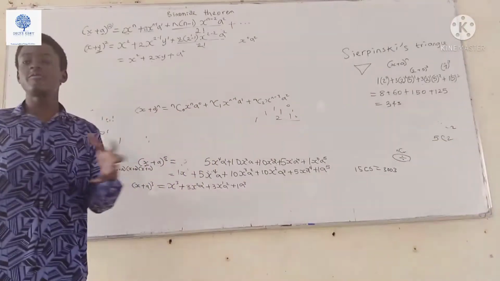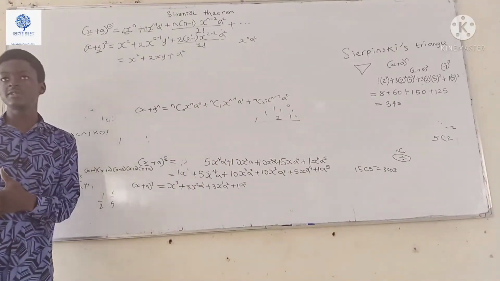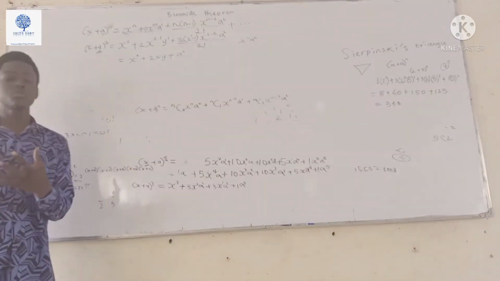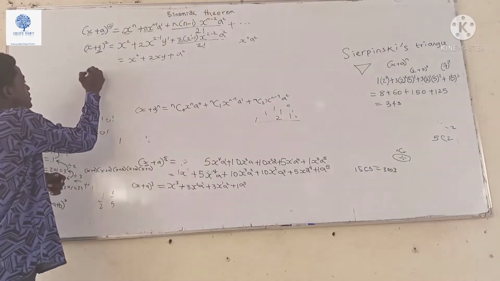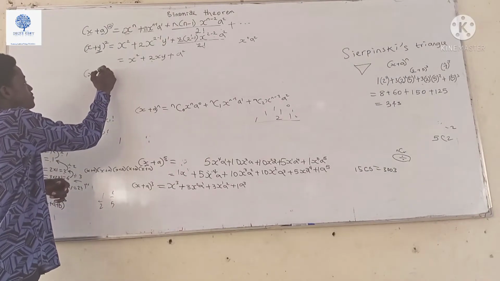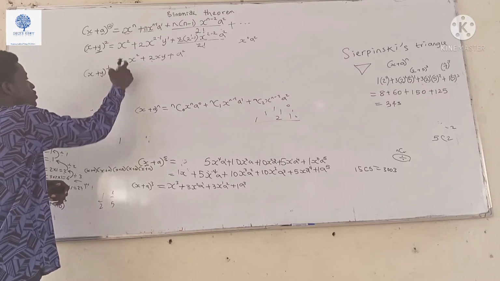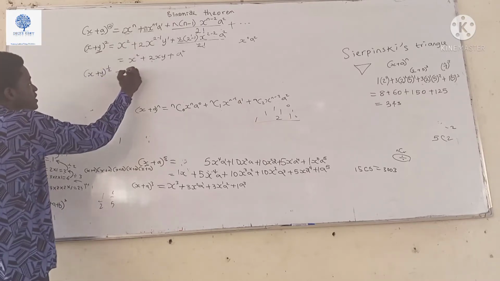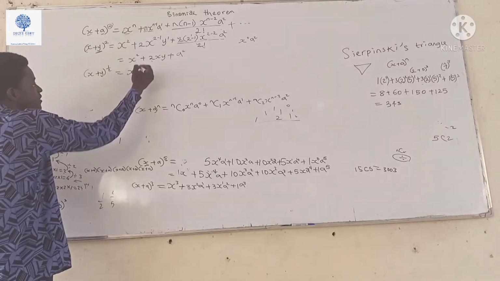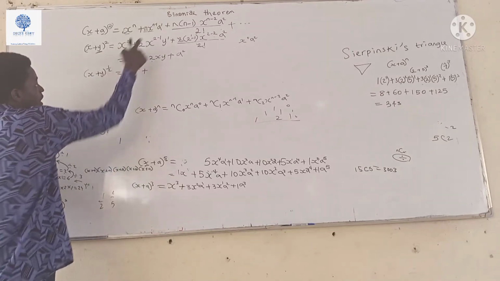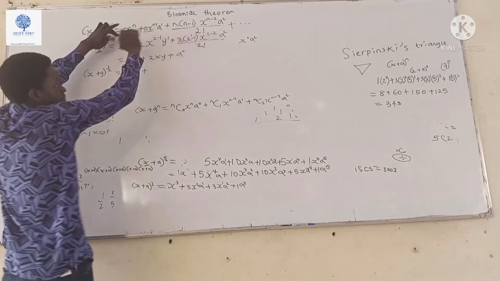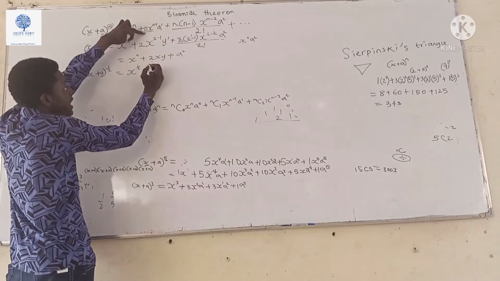But the limitation of Pascal's triangle is that you cannot use it to find when your power is a fraction. So let's say we have x plus y to the power of 1 over 2. We will go straight to this part. You see x to the power of half, plus our power now, I'm using this expansion, plus our power, which is n.